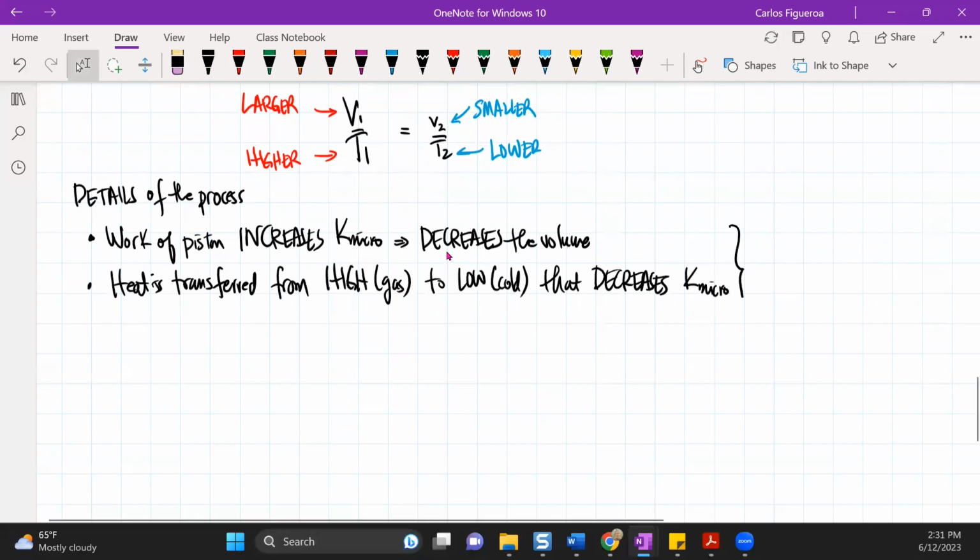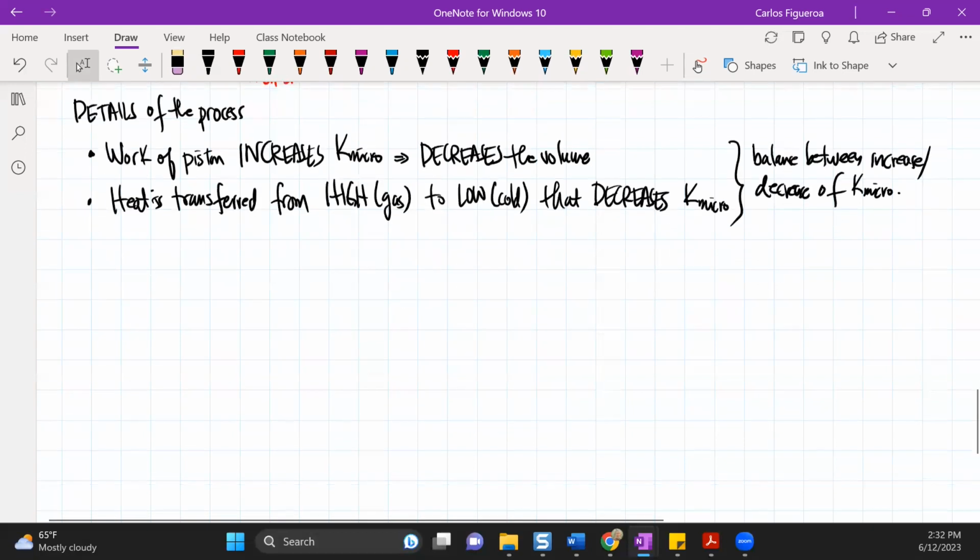Again, there's this knife edge balance. There has to be a balance between increase/decrease of K micro. So if I look at this thing, there's this balance again.